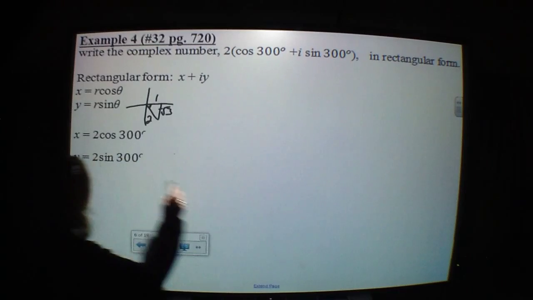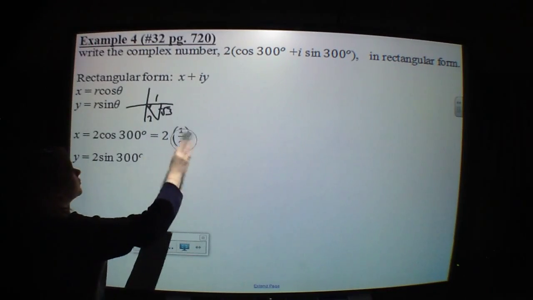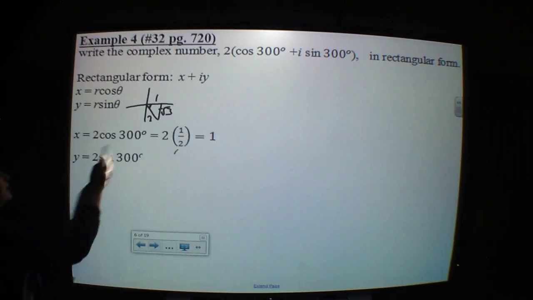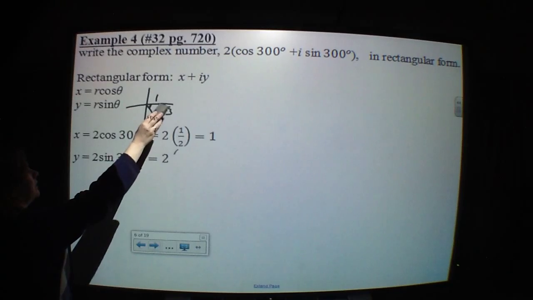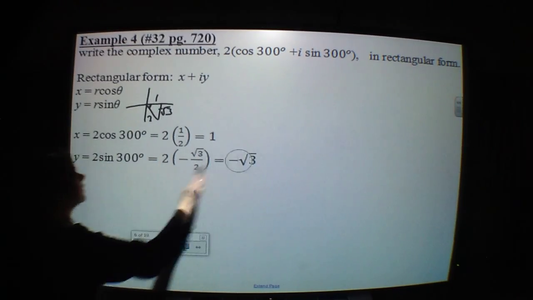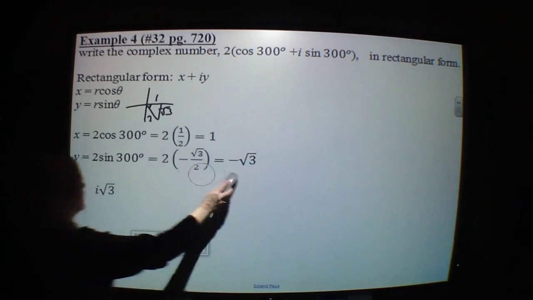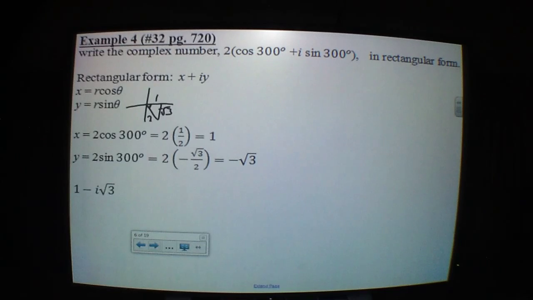So cosine is 2 times 1 over 2, which is 1, and y is 2 times sine, which is negative radical 3 over 2. So it's negative radical 3. So there it is. x is 1, y is negative radical 3. So it's 1 minus i radical 3. And you're done.